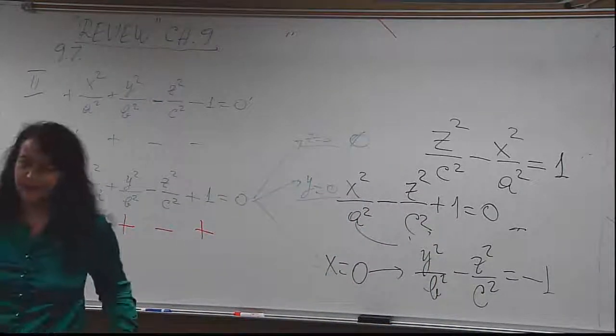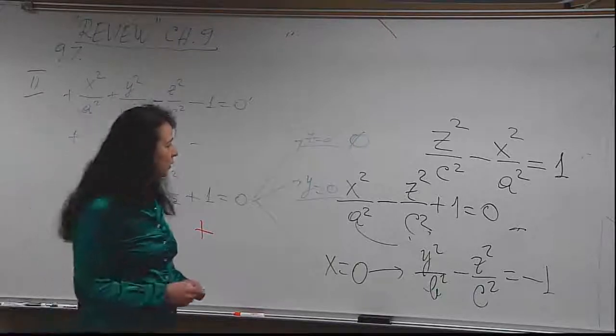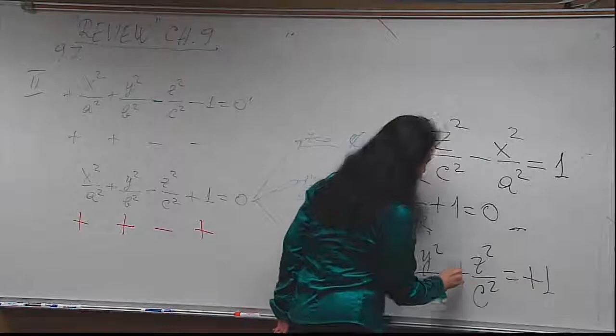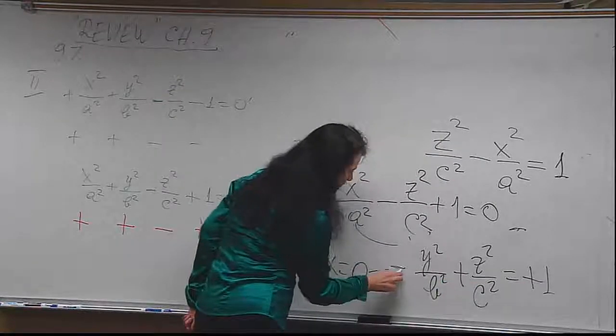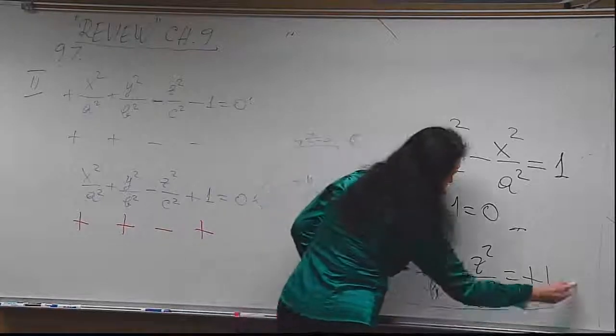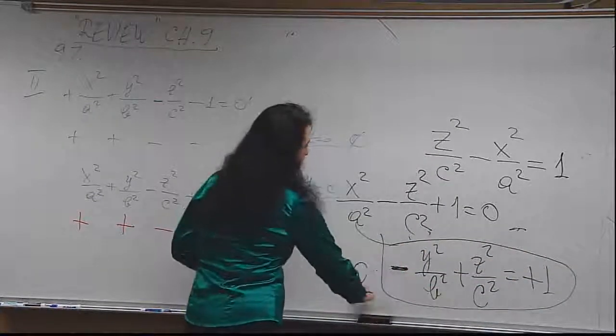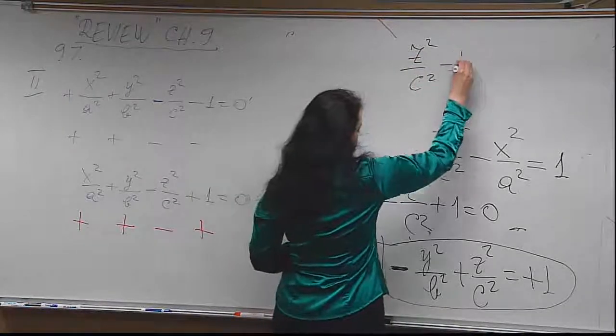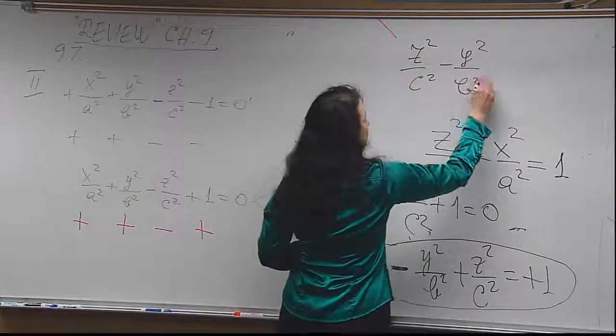I have to multiply again by a minus 1. So I'm going to multiply by minus 1, putting a plus and a minus. And what is it that I notice again? That I'm getting z squared over c squared minus y squared over b squared equals 1.